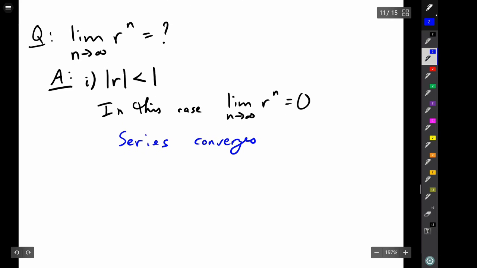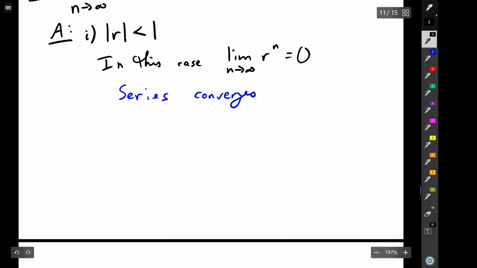All right, but before we say more about the series itself, let's look at the other cases that we have here. The next case we want to look at is if r is 1. Okay? So if r is 1, our absolute value of r is 1, that means one of two things. R could actually be 1, right?